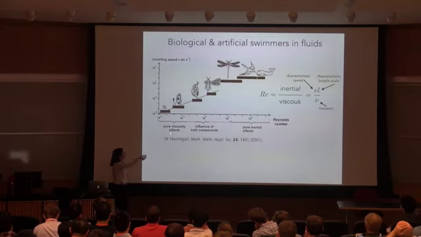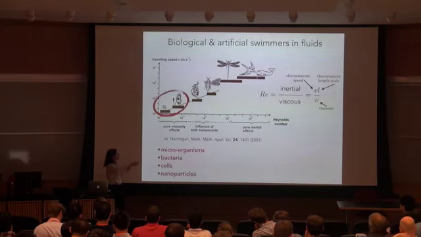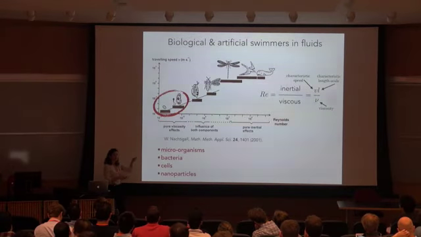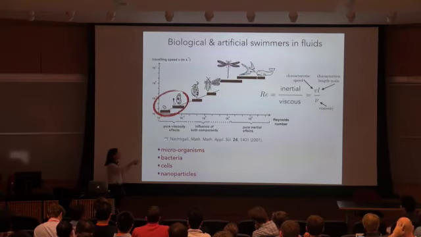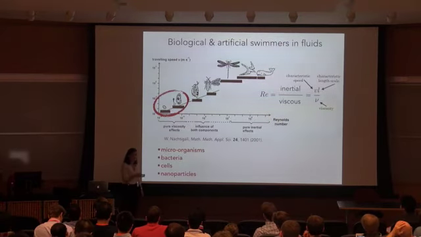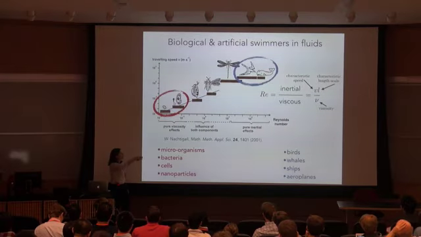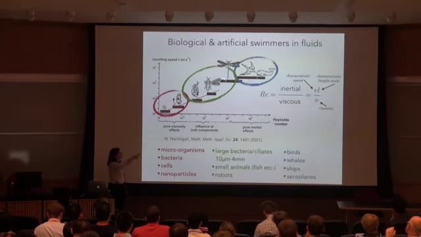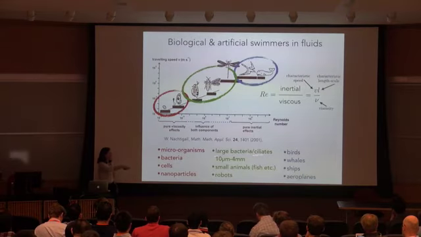Here it says pure viscosity effects: the organisms are very small, such as microorganisms, bacterial cells, or nanoparticles, and viscosity dominates, so this term is very large. At higher Reynolds number we have birds, whales, ships, and airplanes, and here inertia dominates.